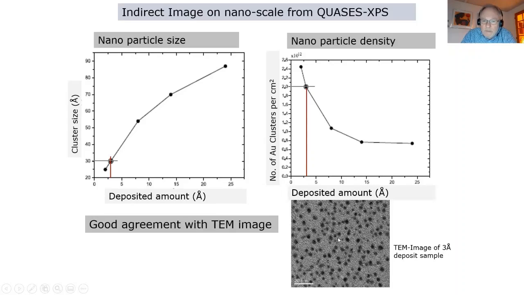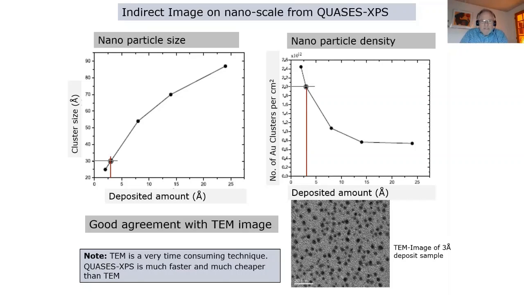And there's a very good agreement. As you can see here, we have the scale of 20 nanometers, and we find a nanoparticle size of 3 nanometers, which is very close to what we have here in the image. And the density also is very close to what we have here.